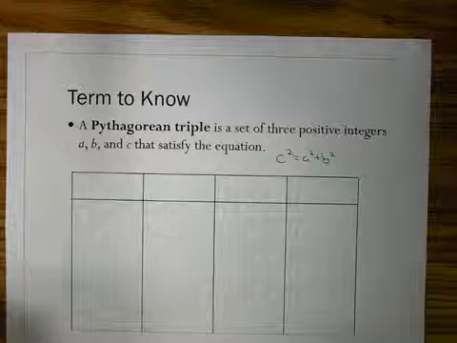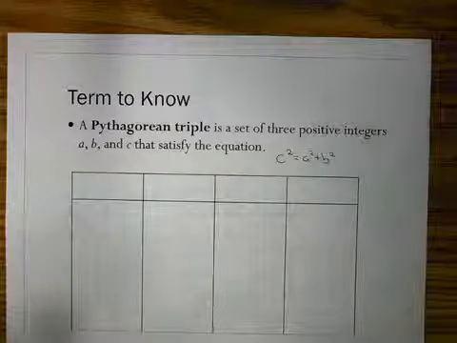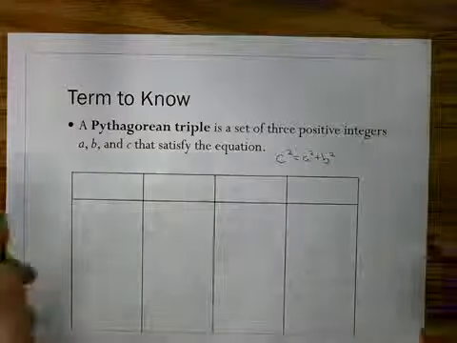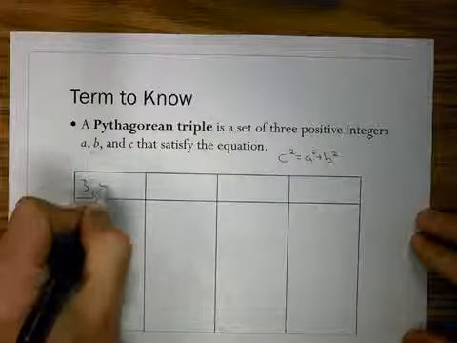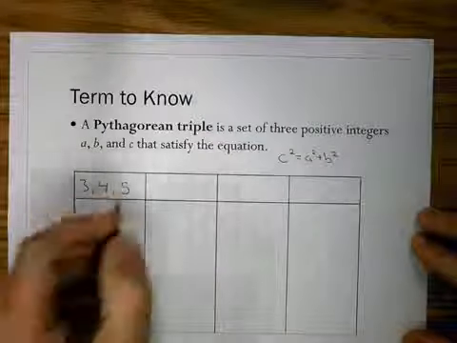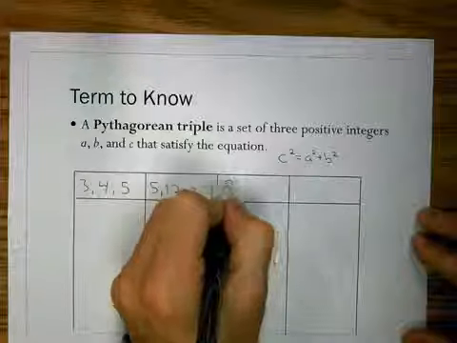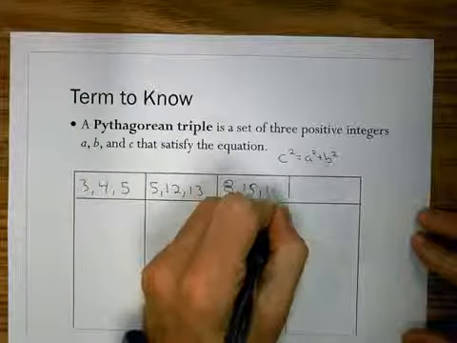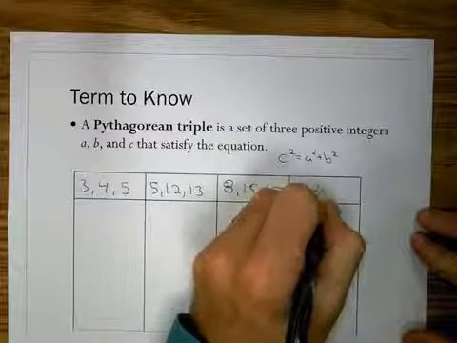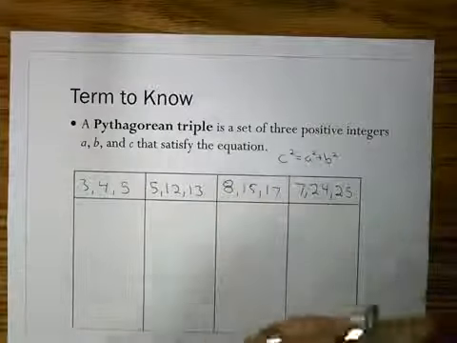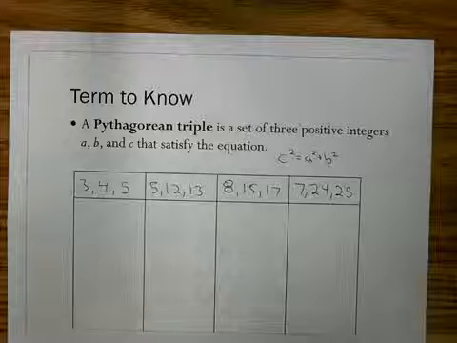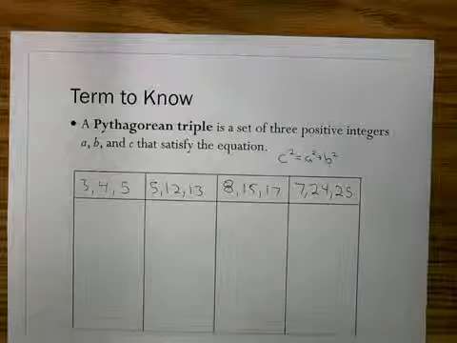We just happen to have some numbers that are all whole numbers when they work. The most basic one we have is 3, 4, 5. Some other ones, 5, 12, 13, 8, 15, 17, 7, 24, 25, and we could go on from there. But these are really the four smallest Pythagorean triple sets.